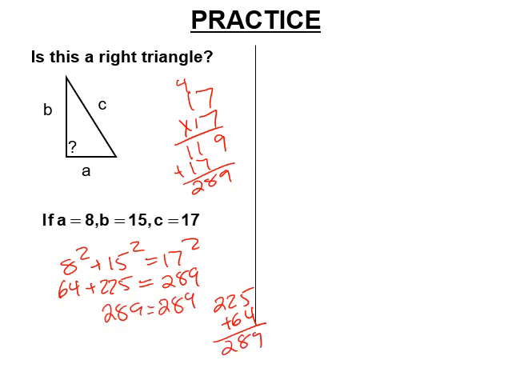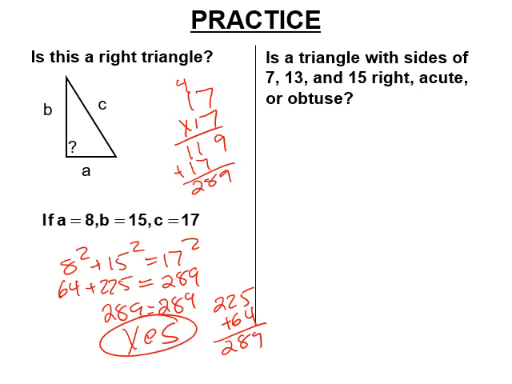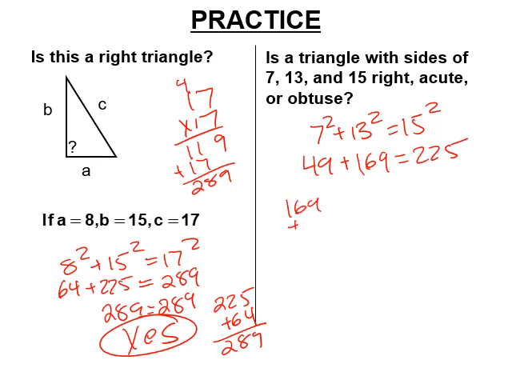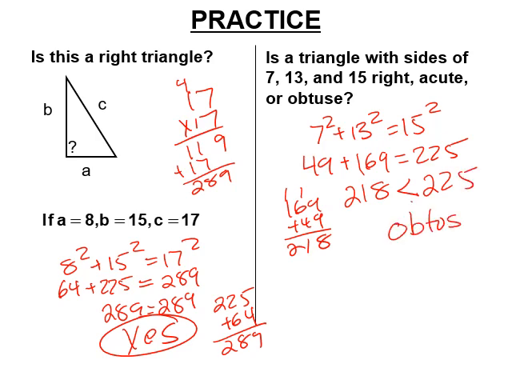Is this a right triangle? Yes, has to be. The math worked out. Is less than goes with obtuse. Can't be a right triangle, must be obtuse.